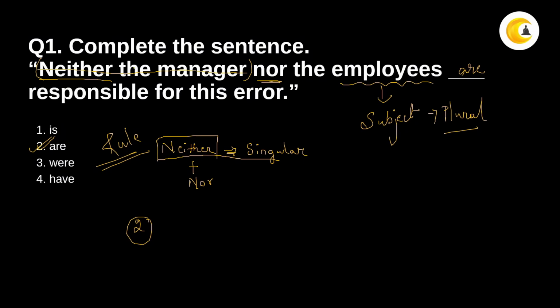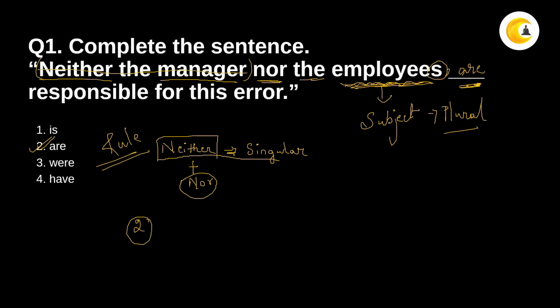You'll use the noun or the subject that is tagged along with neither. But the moment neither is combined with nor, you ignore the whole part of neither. That becomes completely insignificant. And you just focus on the next half that starts right after the nor. Okay. And that makes employees the subject, and employees is a plural. So the verb will also be plural, right?